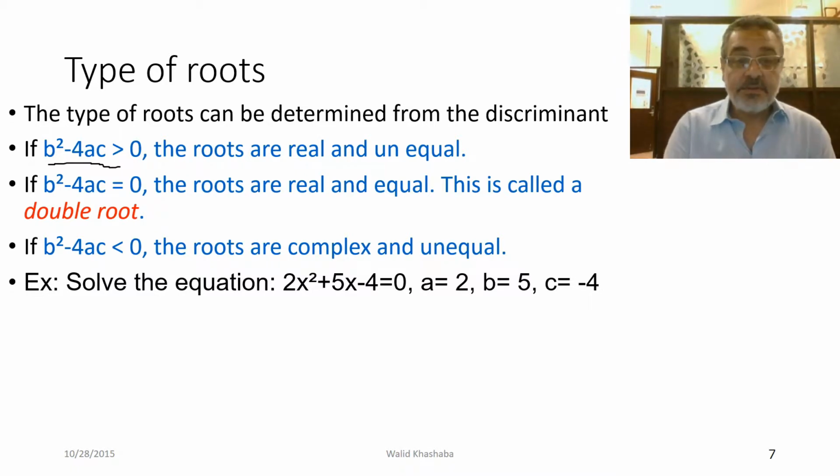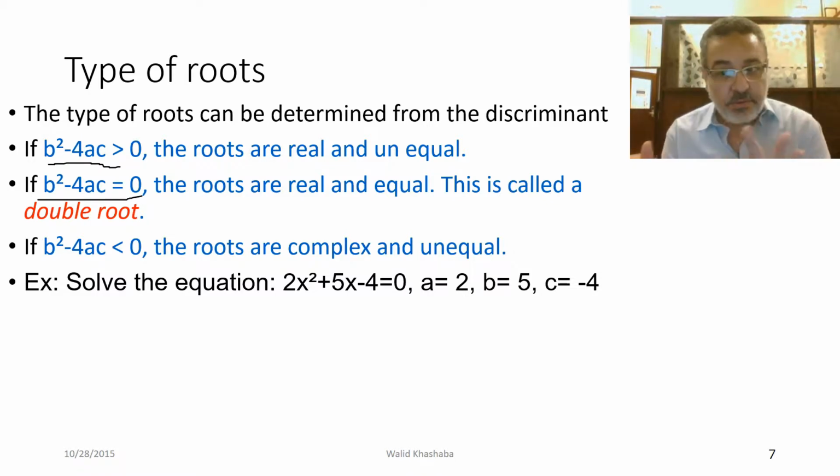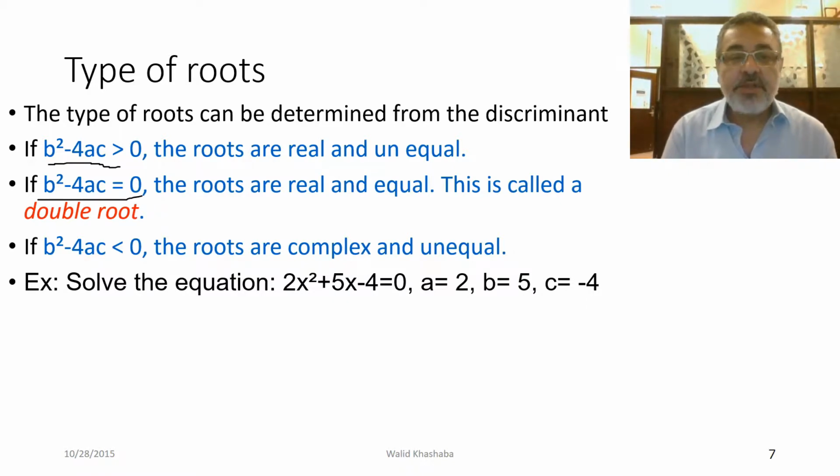But if it is 0, like this, then the value under the root will be 0. The solution will be only negative b over 2a. It's going to be one solution. Actually, there are two solutions, but they are the same.